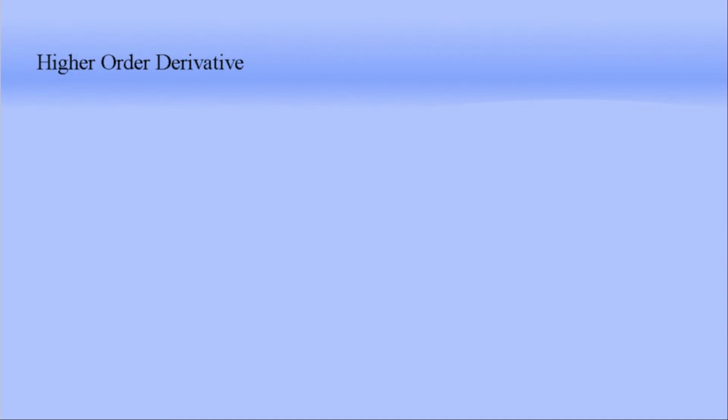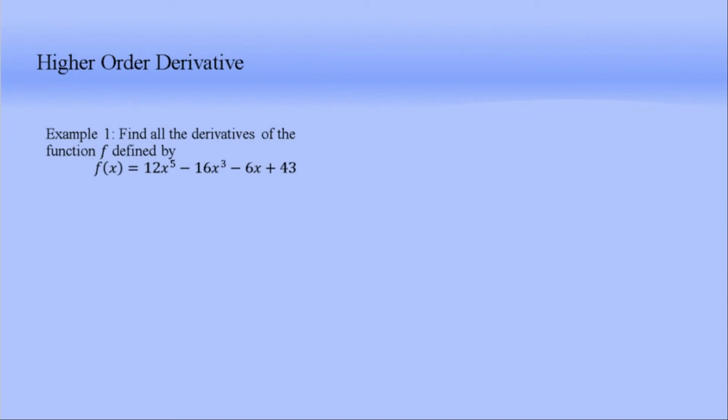So let's move on to the examples. The first example is find all the derivatives of the function f defined by f of x equals 12x raised to the fifth power minus 6x cubed minus 6x plus 43.